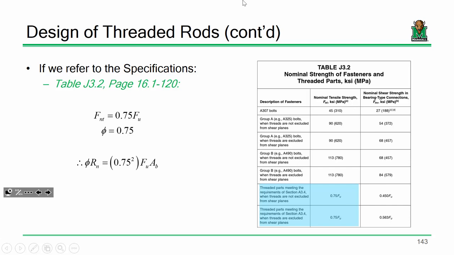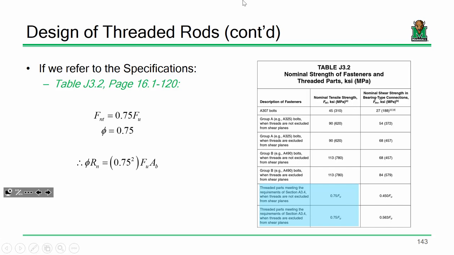Notice that if you're shearing it through the threads, the nominal shear stress is smaller. For Group A, it's 54 ksi if you're going through the threads and 68 ksi if you're not. But the tensile strength didn't change at all, because the bolt doesn't care whether the threads are included or excluded from the shear plane, since it's not in shear, it's in tension.